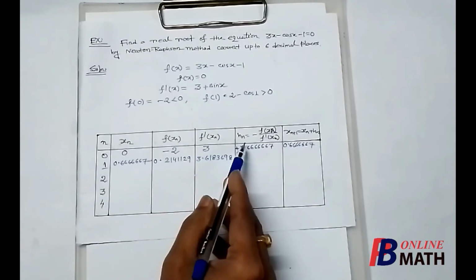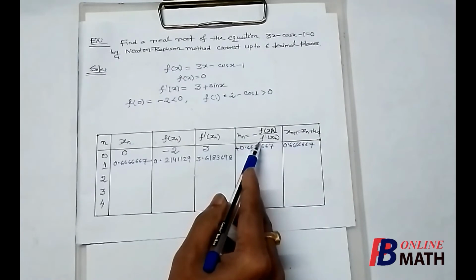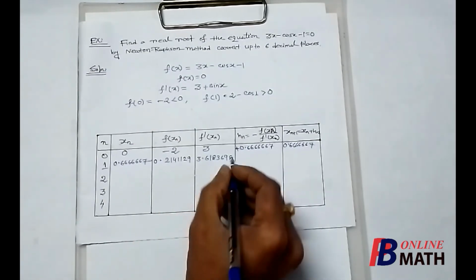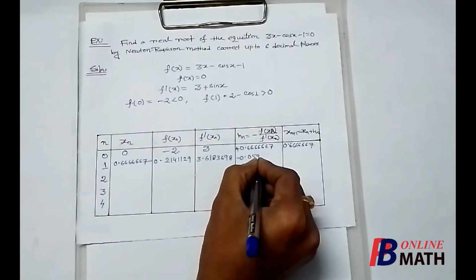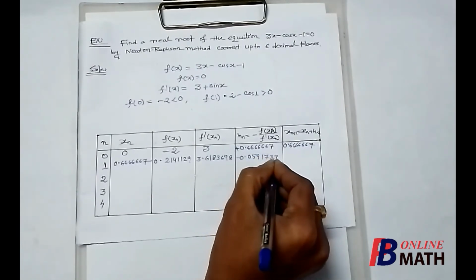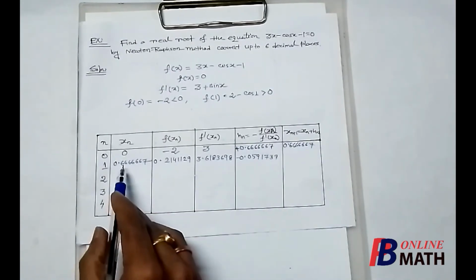So we have f(xn) and f dash xn. Now we can easily find hn. This is minus of f(xn) by f dash xn. So if we divide this by this, we get minus 0.059179. You can easily find these values by using the calculator. So this is xn, this is hn.